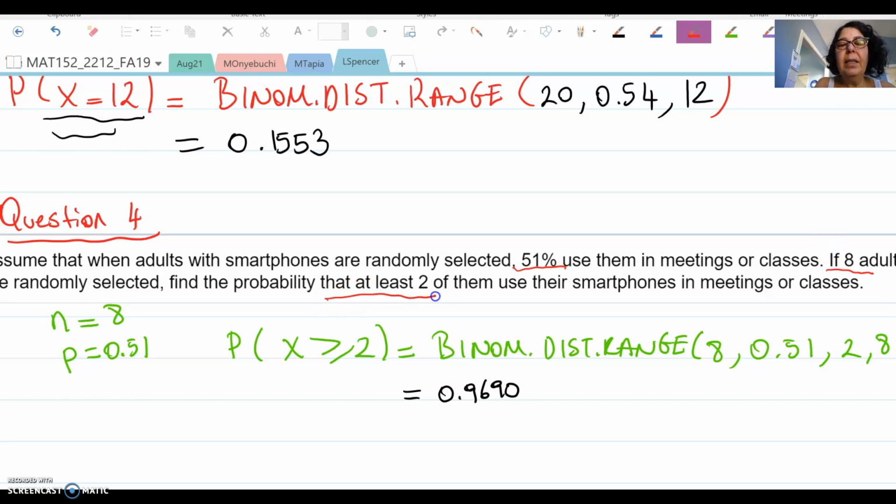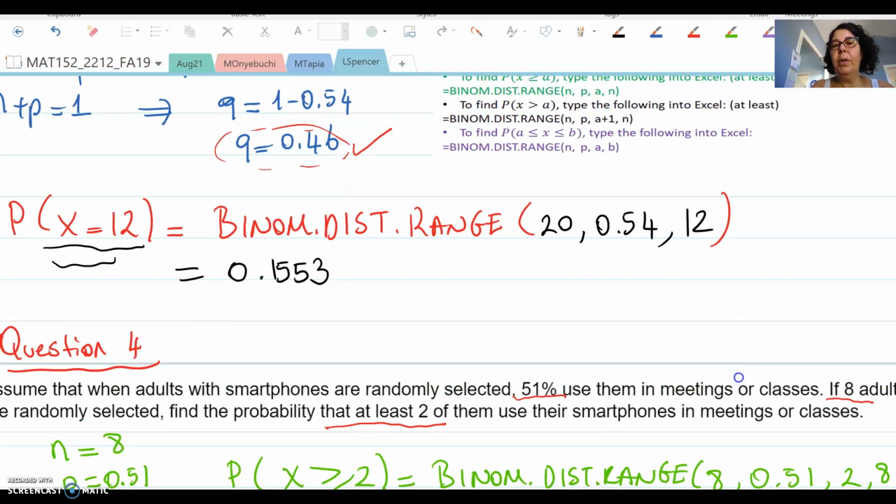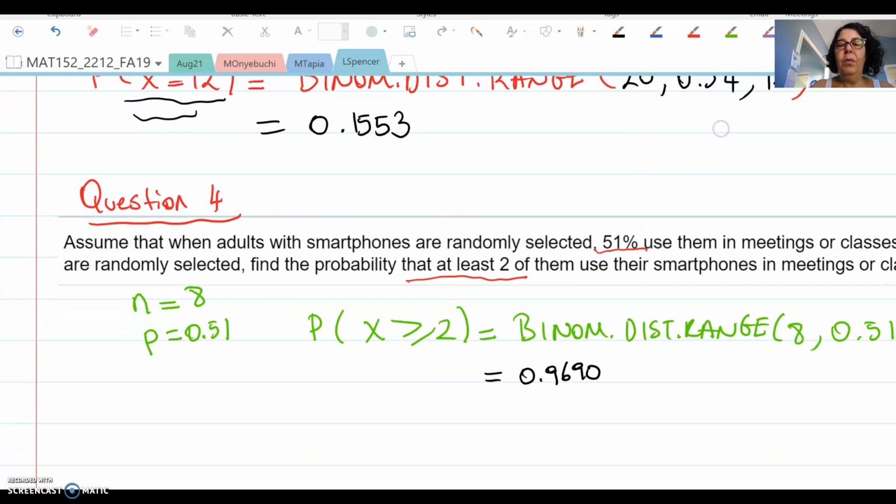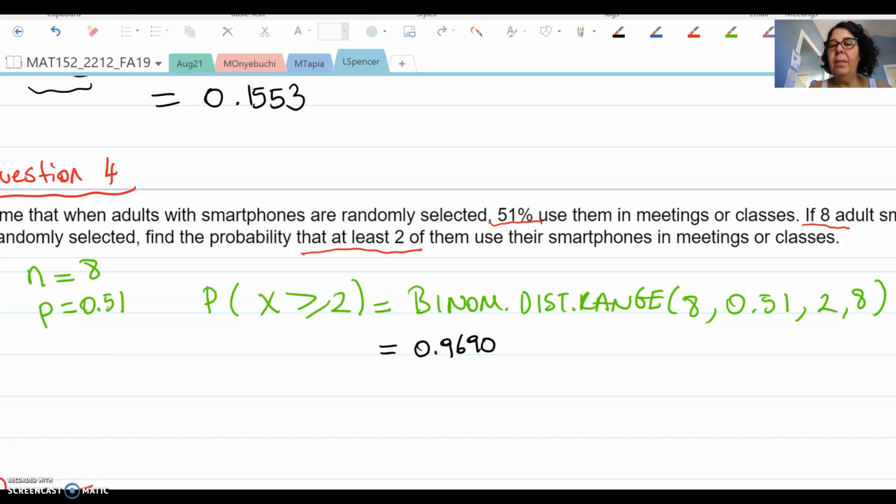Now they're saying at least 2. At least 2 means 2 and more. So I'm going back to my formula sheet, this green one. So my n is 8, p is 51%, a is 2, and then I need to use n again.